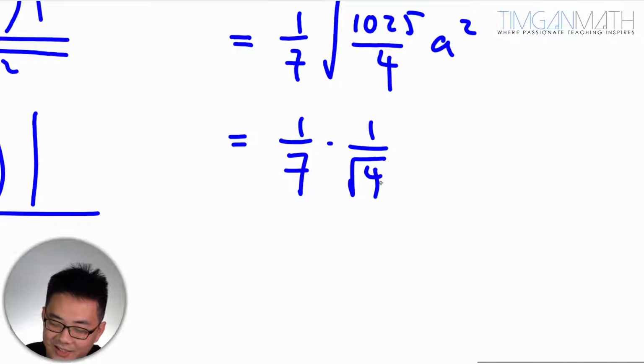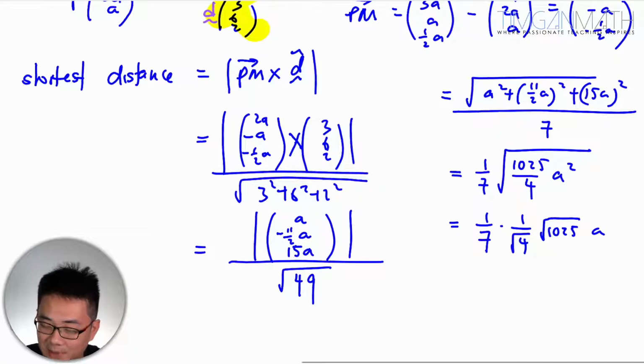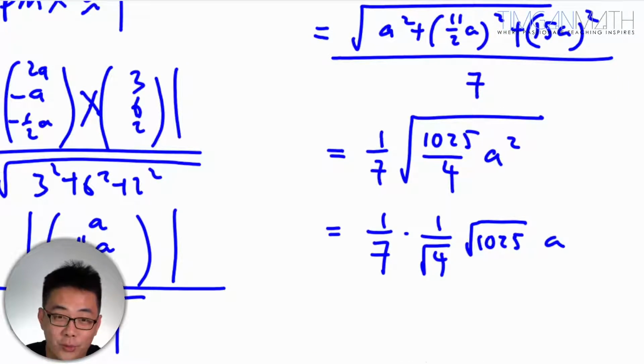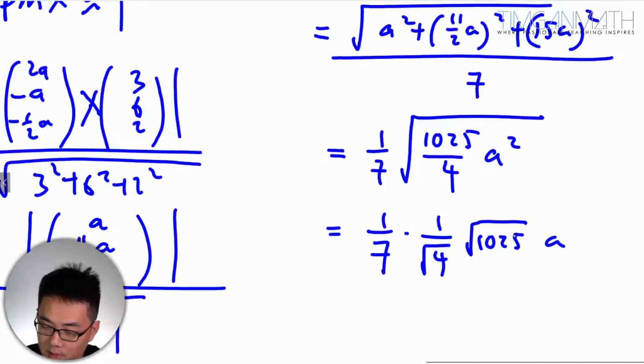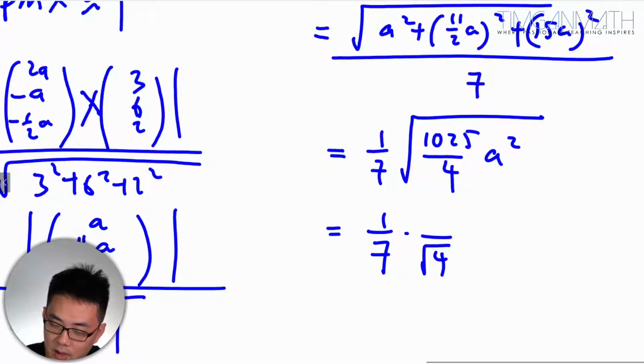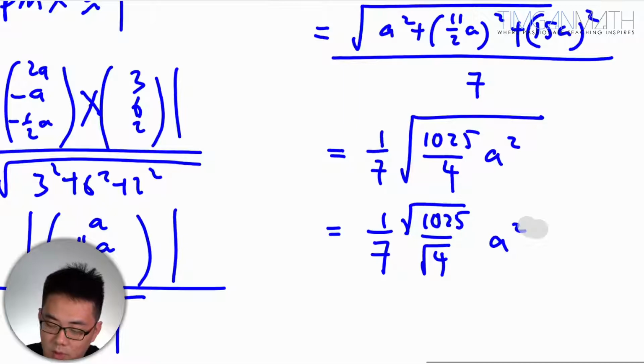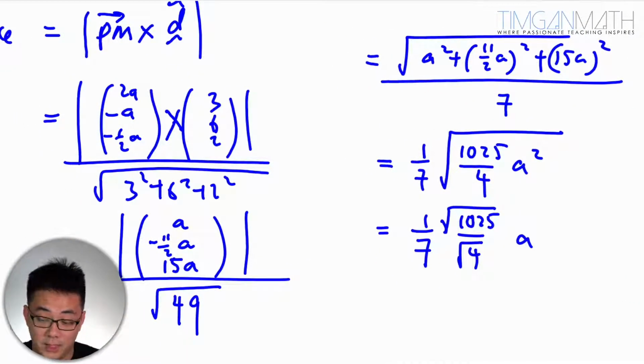Oh my goodness, this is so painful to watch. So I'm going to simplify this. You can root the 4 below, you get 1 over root 4, and you just root the a squared. Maybe I shouldn't skip like that. Maybe I'll just put it like this: root 1025 over 4 a squared, root a squared is a.